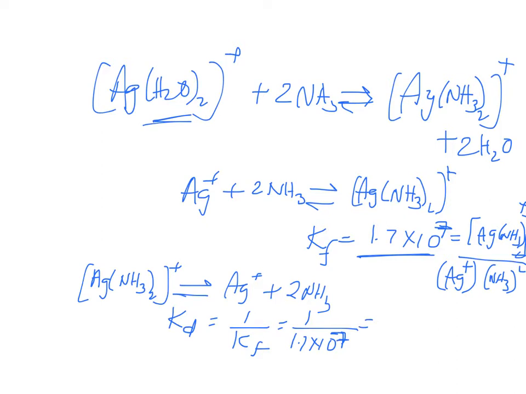And so that value is going to be a pretty low number. If I punch it in on the calculator, that gives me 0.58 times 10 to the negative 7, or 5.8 times 10 to the negative 8. Notice this is a really small number and tells you that the backward reaction is not going to be the more predominant one in this case.